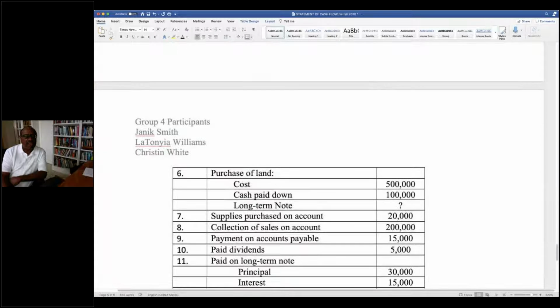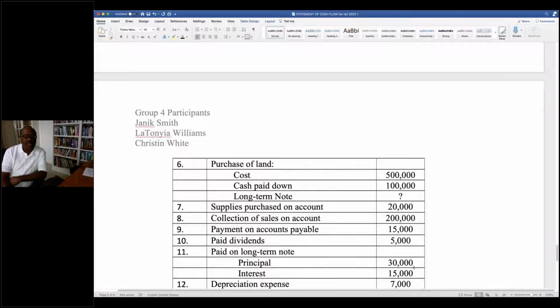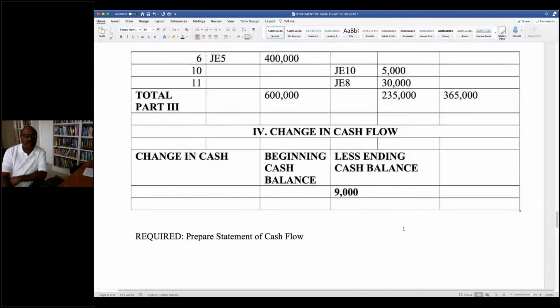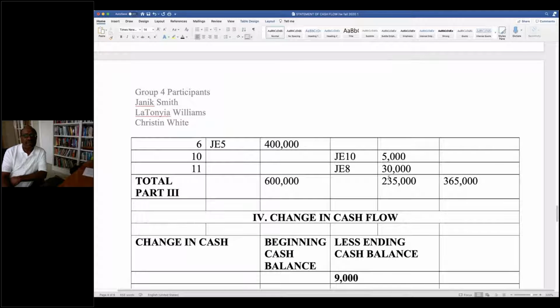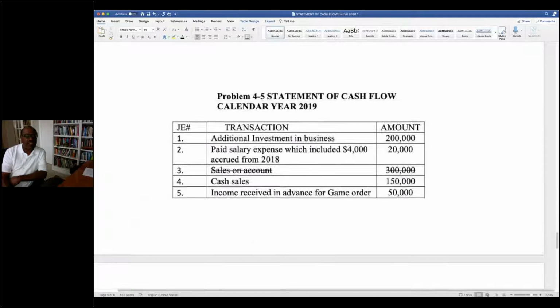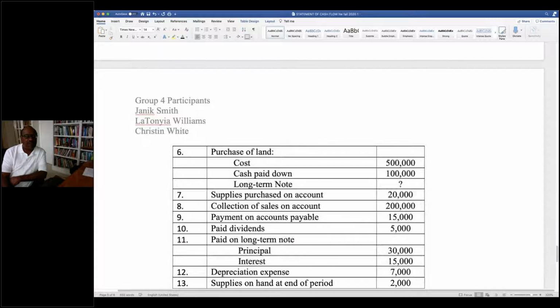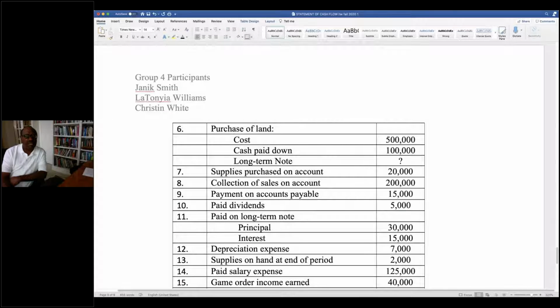Oh, you got 200,000. The note payment was 30,000. Okay, so you have 30,000 here. I guess that's journal entry 8. Well, I don't know. That's 11.